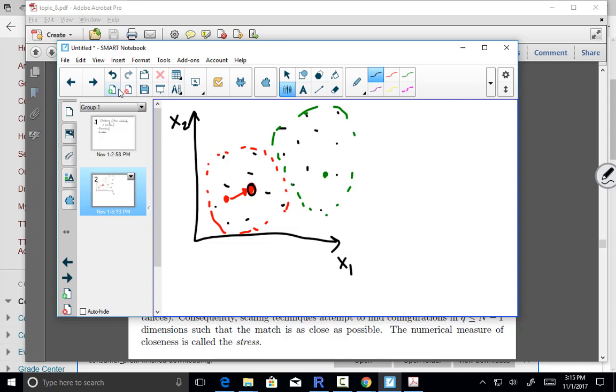So the centroid gets moved or adjusted. This centroid gets moved or adjusted. And then we do the same thing. We ask for every individual, which of those two are you closest to? And that's how you cluster at step 2.